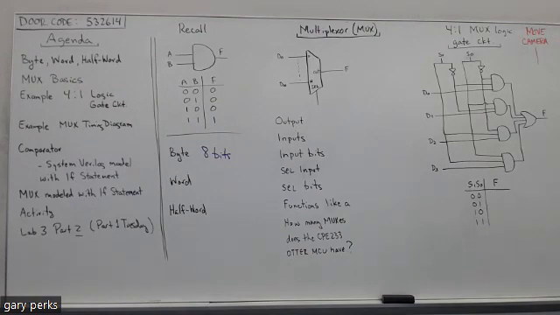Most often, the number of bits in a word depends on the microprocessor you have. For example, you've probably heard of a 32-bit microprocessor, 4-bit microprocessor, 16-bit. Back when I was an undergrad, we only had 8-bit microprocessors. And the number of bits refers to the number of bits that most of the registers inside the microprocessor can store and hold.